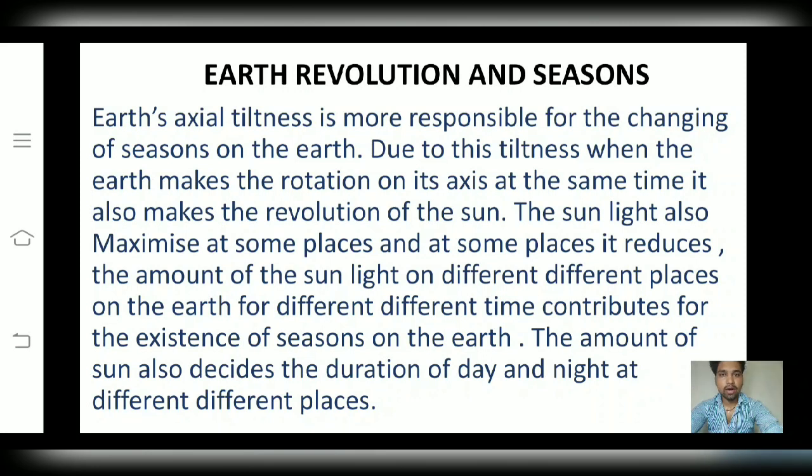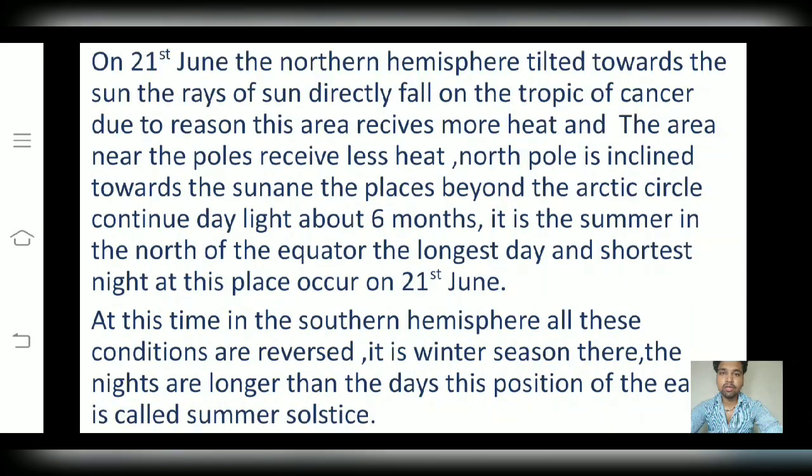So friends, the amount of sun is also responsible for the duration of day and night on the planet at different places. So friends, on 21st of June, the northern hemisphere is inclined towards the sun, and sun rays vertically fall on tropic of Cancer.